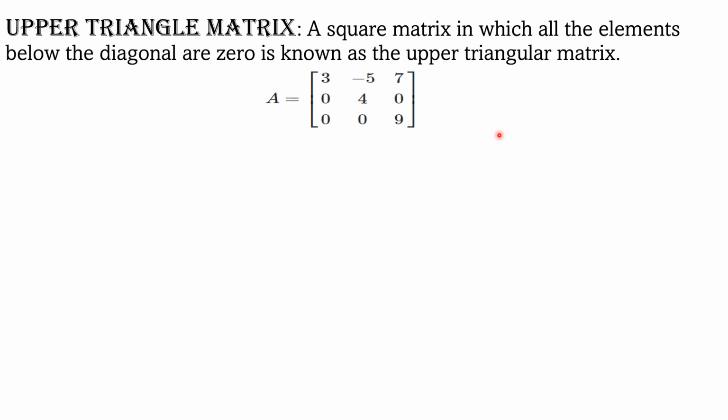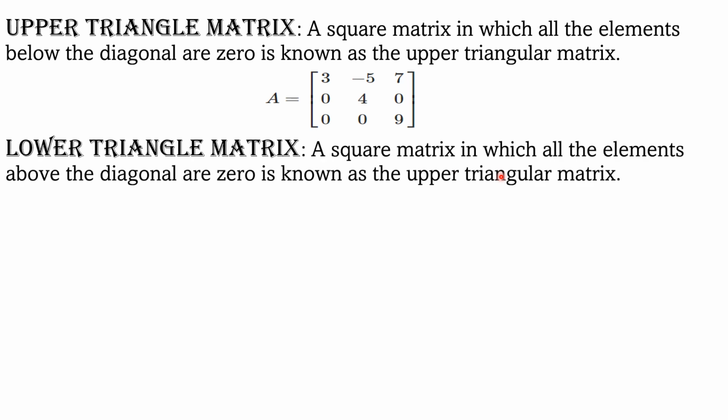Okay. Similar way, we have the lower triangular matrix. Opposite of upper is lower. In upper triangular, all the lower non-diagonal elements will be 0. In the lower triangular, all the upper non-diagonal elements will be 0. That means this, and this. Okay. See, we see the definition. Lower triangular matrix.